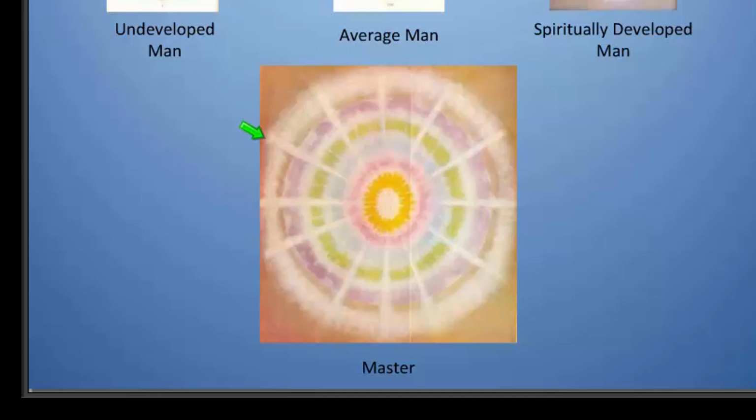We would say master of wisdom. So you can see how there is this radiation. The body itself may cover even many yards. And this is just for you to get an idea of the evolution of the causal body itself.